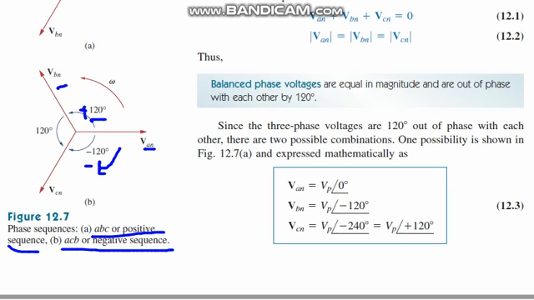Now this can be expressed mathematically. VAN will be VP at 0 degrees, where the phase voltage is denoted by VP. VBN will be VP at minus 120 degrees. VCN will be VP at minus 240 degrees, or VP at plus 120 degrees. Both are equally right.